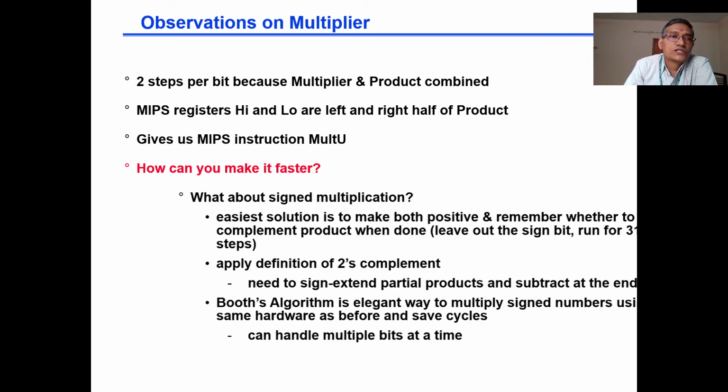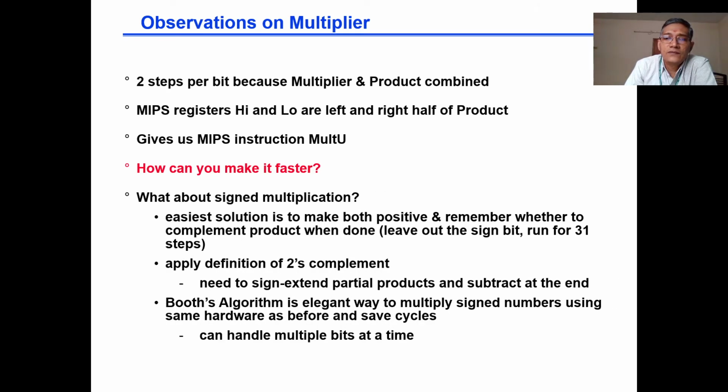It is 2 steps per bit of the multiplier, and we are going to combine the product. MIPS registers high and low, or left and right of the product, are used for this purpose, and the MIPS instruction for unsigned multiplication is MULTU.